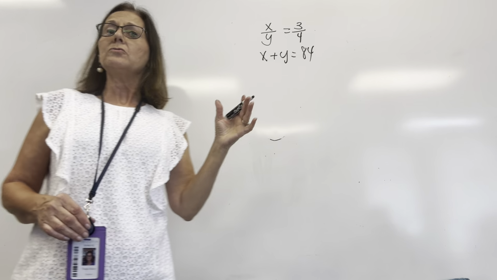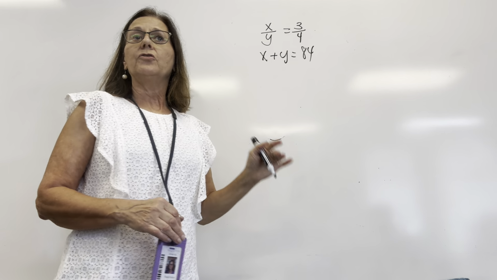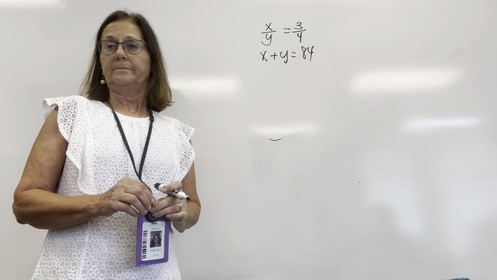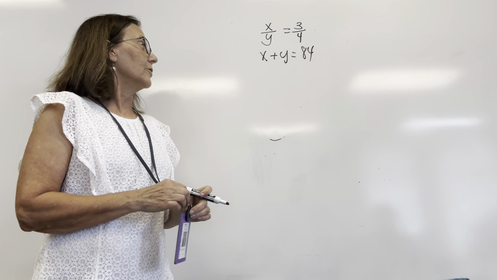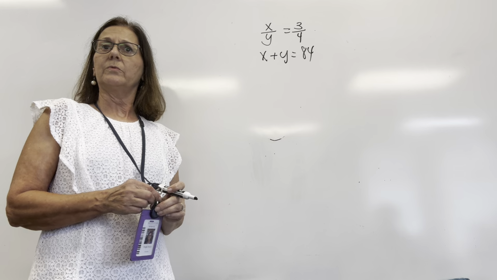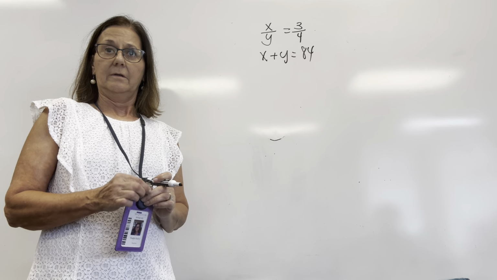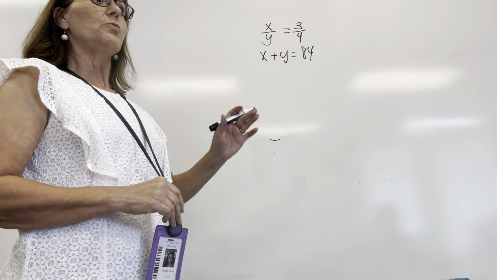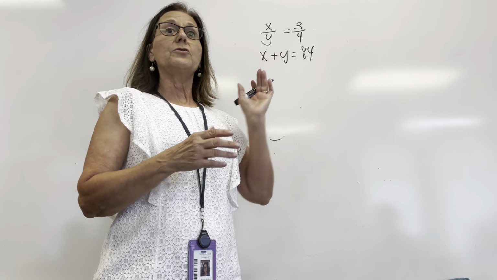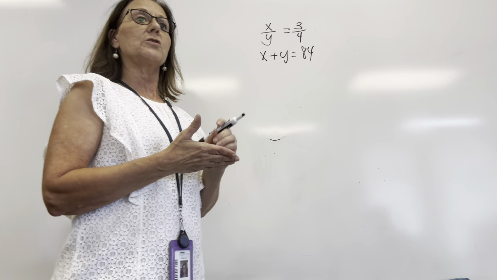So when you have two separate operations, addition, division, you cannot build a ratio table. However, how would you think you would solve for this? Substitution. So which one would you solve for the variable?